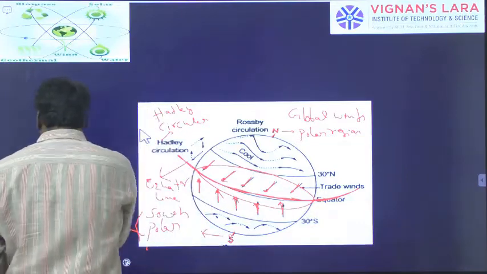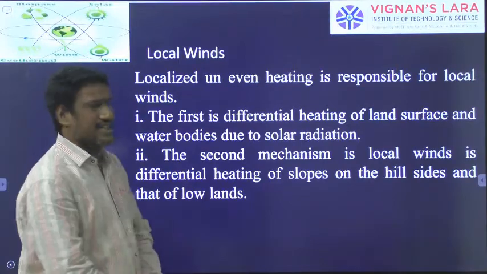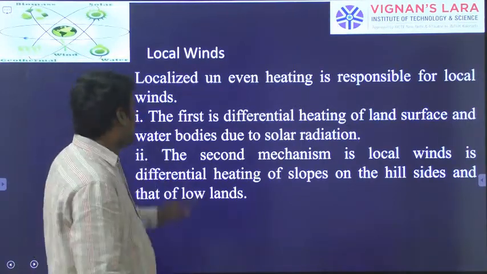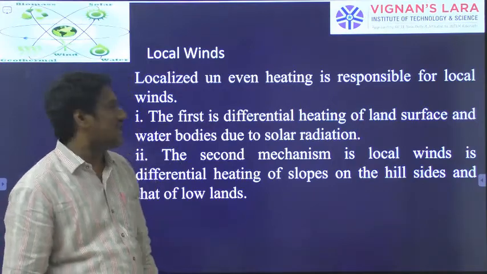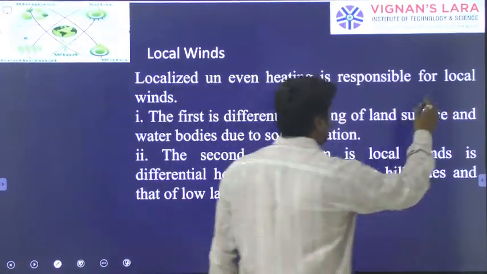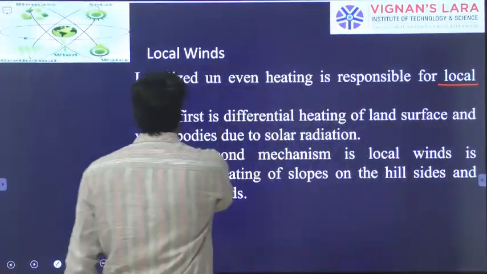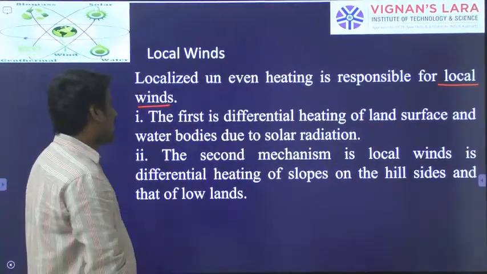Next, coming to local winds. Okay, so now localized uneven heating is responsible for local winds. Localized uneven heating is responsible for local winds.